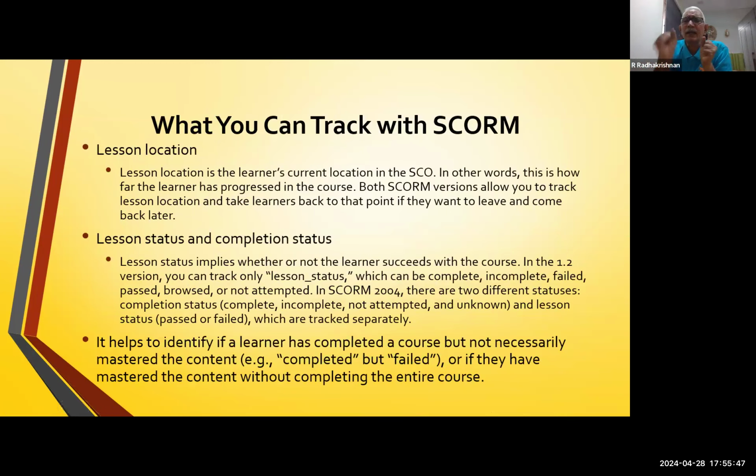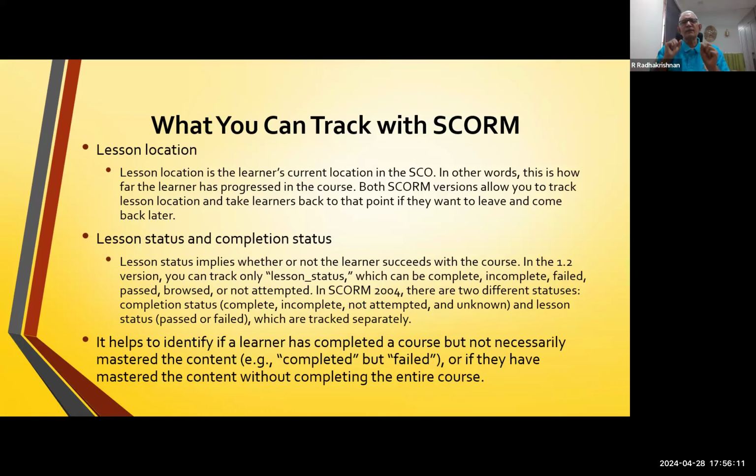Then what you can track with SCORM, if your LMS takes contents in a SCORM format? One is lesson location. The lesson location can be tracked. Then lesson status. It will tell you whether the learner succeeds with the course or not.